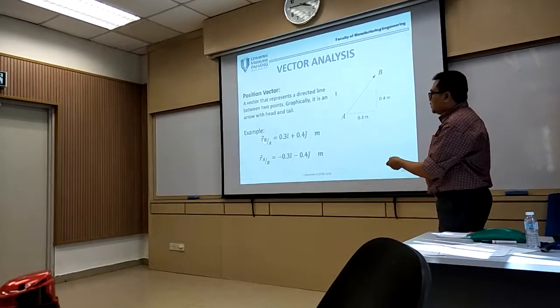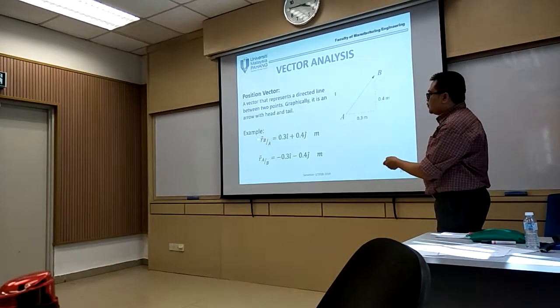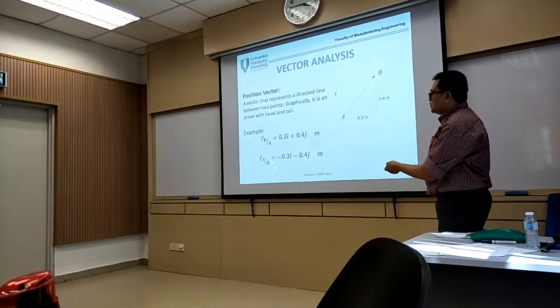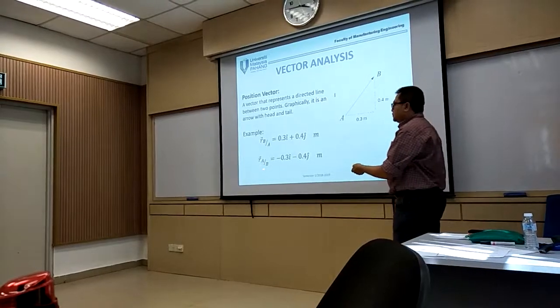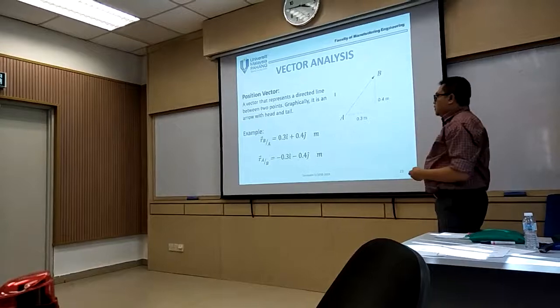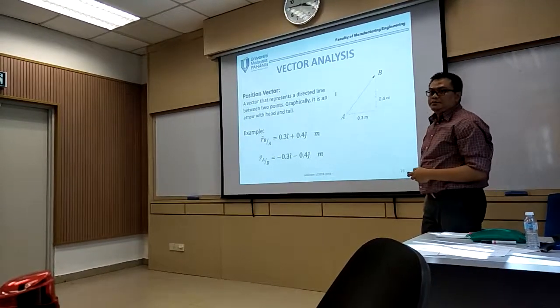So this is the position vector from one point to the other, and this is how it is also stated in the book. Any questions?